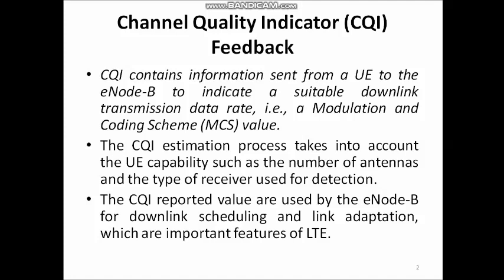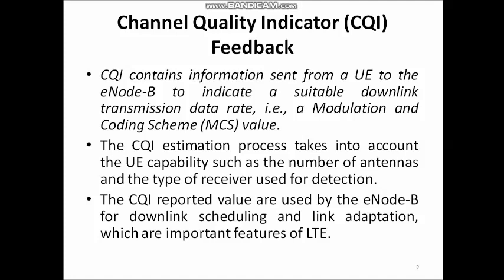The CQI estimation process takes into account the user equipment capability, such as the number of antennas and the type of receiver used for detection. And CQI is a 4-bit integer. It is based on the observed signal to interference plus noise ratio, that means SINR, at the user equipment.